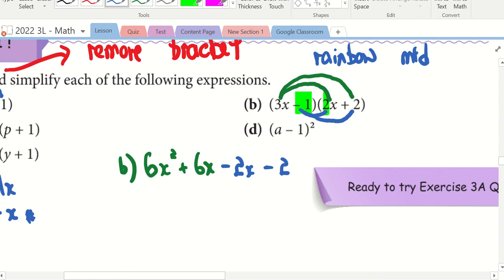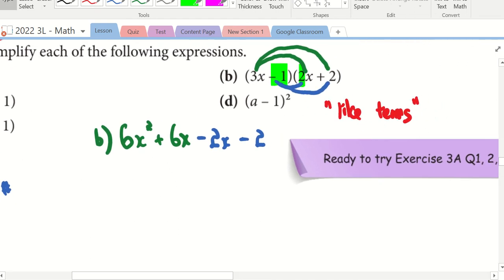But there are like terms. Yesterday, I introduced like terms. What's the meaning of like terms? They have the same letter. Correct? Which are the like terms here? Iskandar, you remember? Can you tell me?